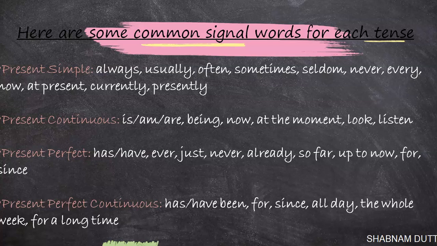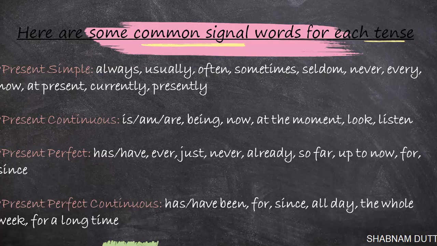For present continuous: is, am, are, be, now, at the moment, look, listen. Present perfect: has or have, ever, just, never, already, so far, up to now, for, since. Present perfect continuous: has or have been, for, since, all day, the whole week, for a long time.